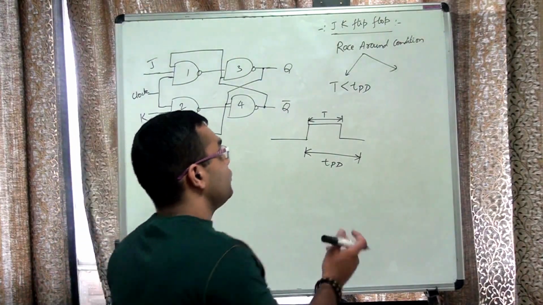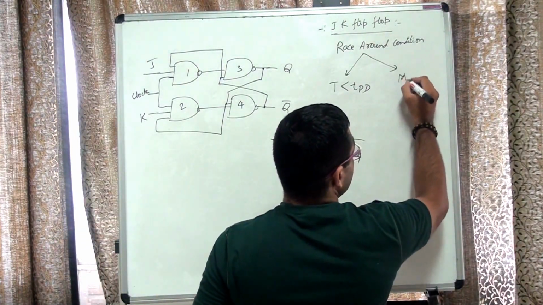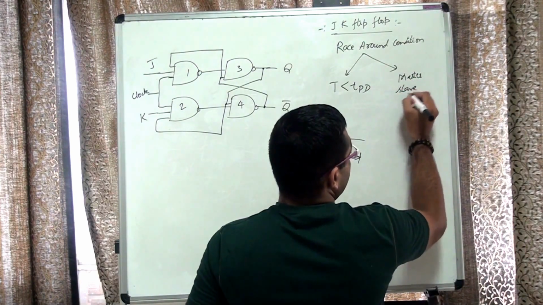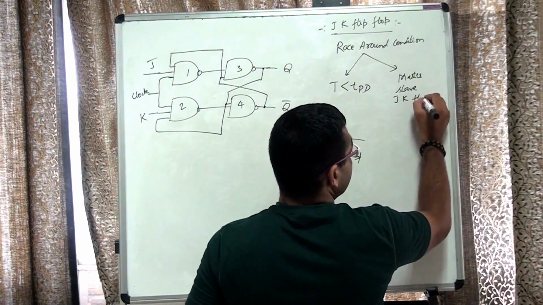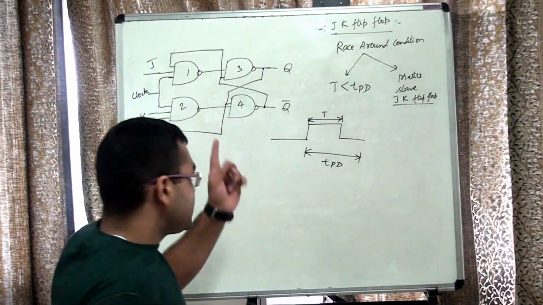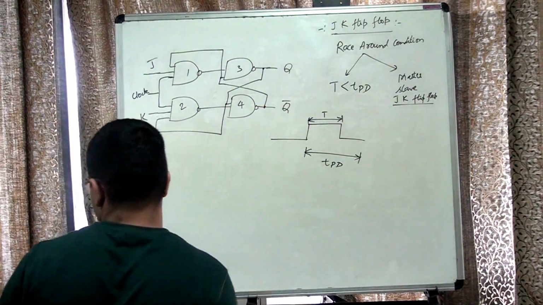So what do you do? You go for another solution that is called the master slave JK. So let us see how this circuit works.